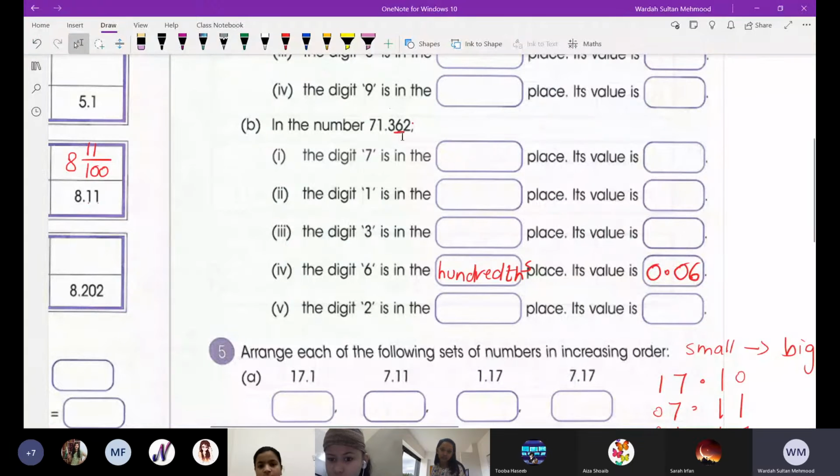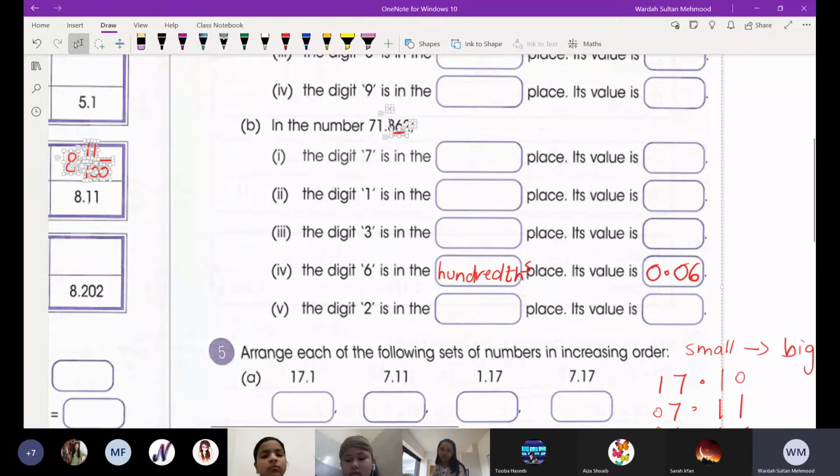For the place and value of a number in the fractional part, for example, 6 is in the hundredths place, so the value is also going to be a decimal number. The fractional part has values in decimal numbers. So 0.06. The value for 3 is going to be 0.3. The value for 2 is going to be 0.002.